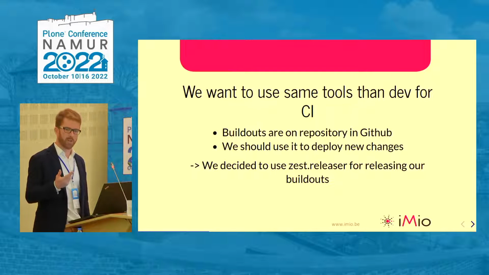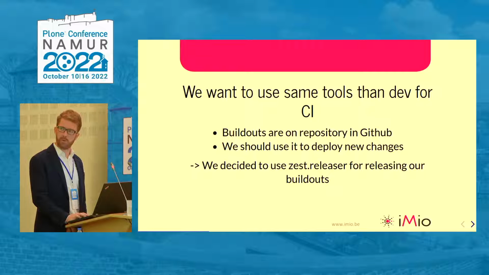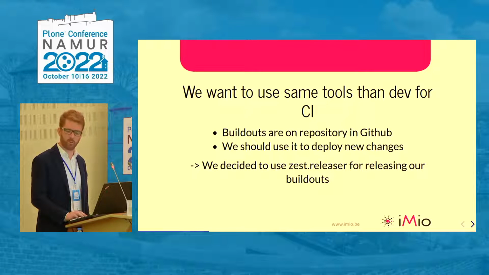You update your changelog file with the date of the release, you push it on PyPI, and you update the version too. So we decided to see if we could use zest.releaser for that.